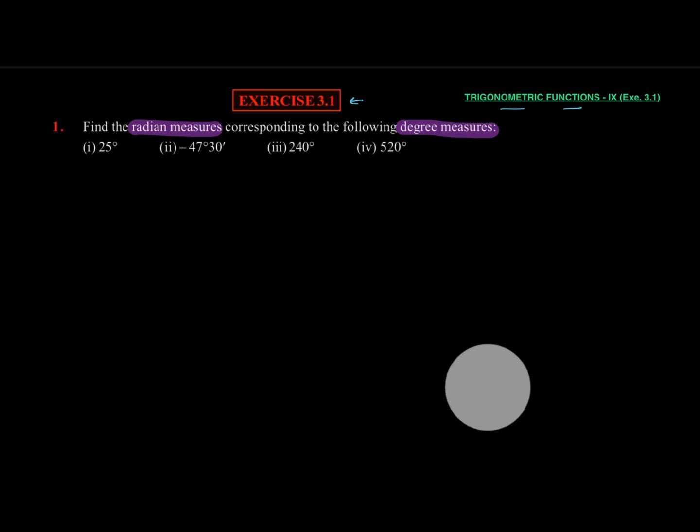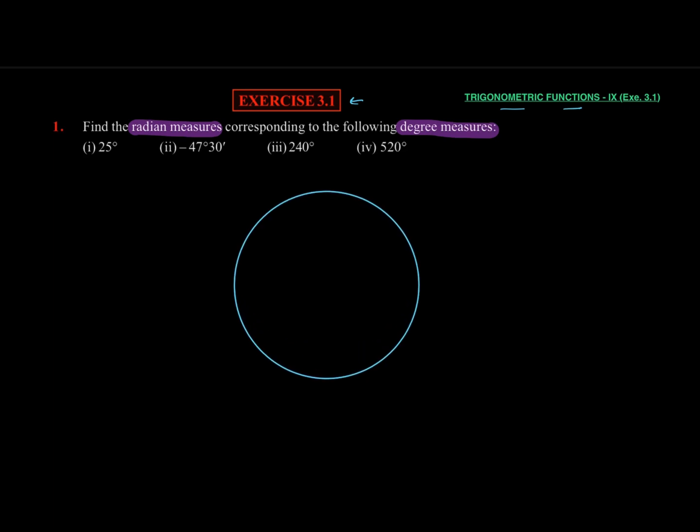Now what about radian measure? To understand radian measure, let us draw a circle having radius equal to r. Let us first try to understand what is 1 radian. Now suppose we take an arc length of this circle equal to the radius of the circle and join the other point to the center of the circle.